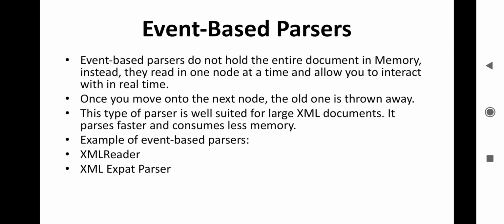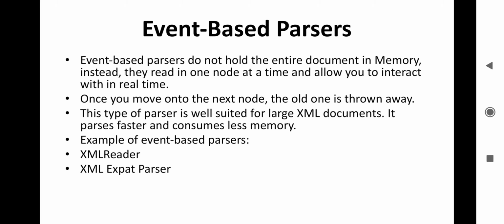Event based parsers do not hold the entire document in memory. Instead, they read in one node at a time and allow you to interact with it in real time. At the same time, it takes only one node, processes it and then releases it. Once you move on to the next node, the old one is thrown away.